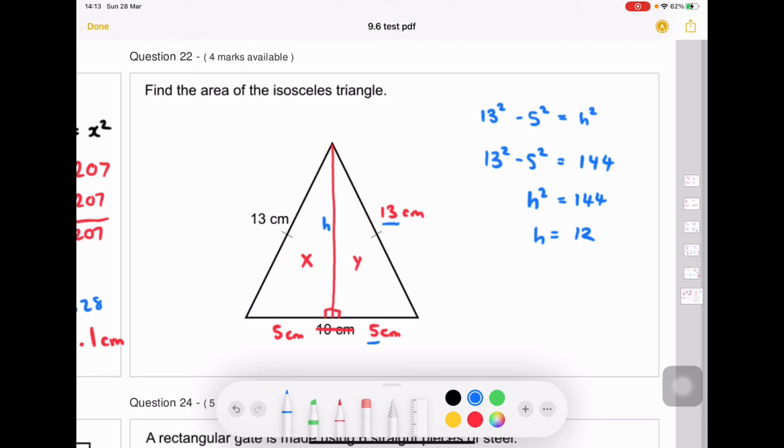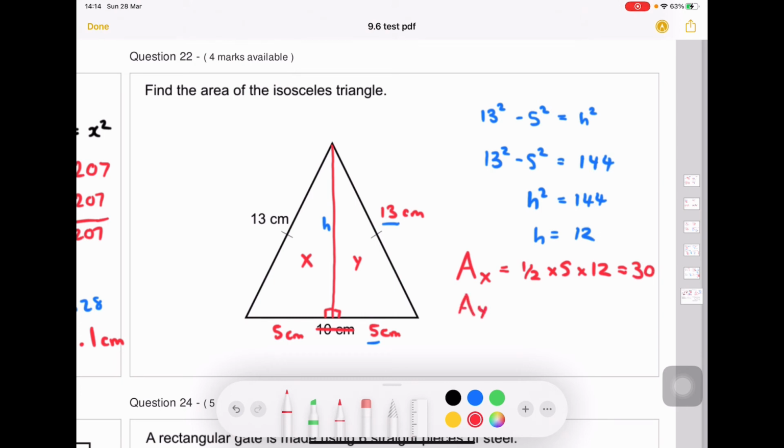So we have two right angle triangles. So I will write area equals half times base times height. So it's half times 5 times height, which gives us 30 in total.